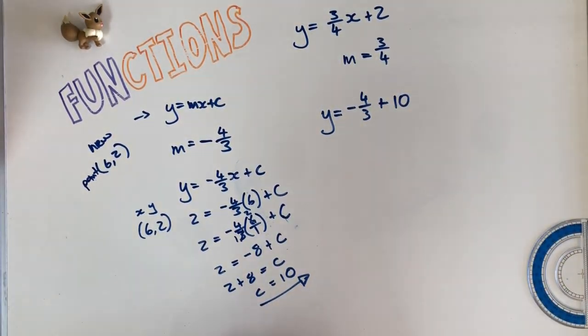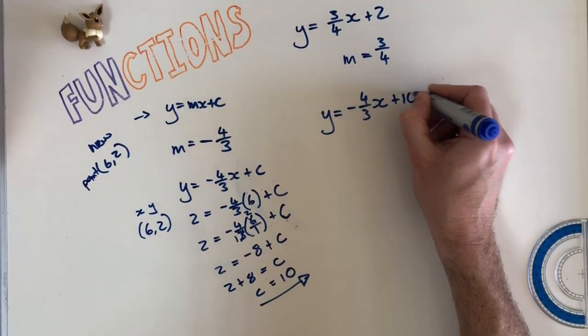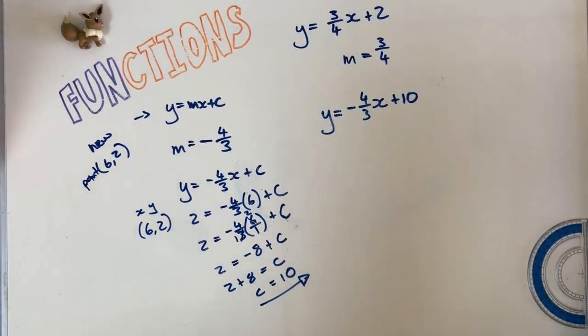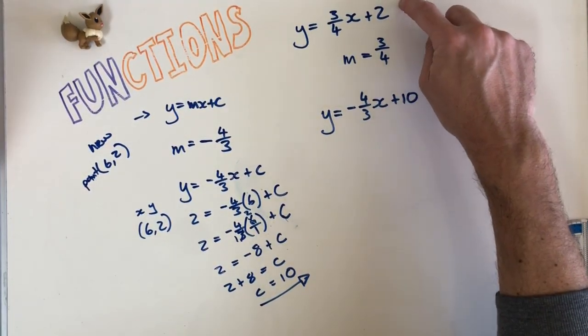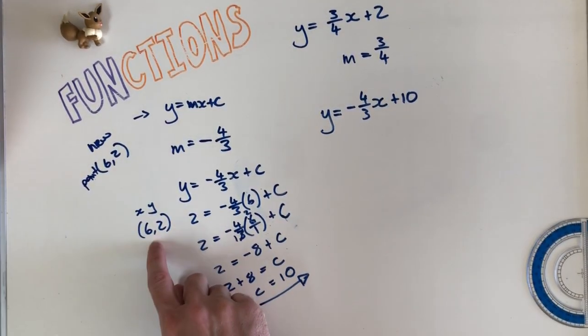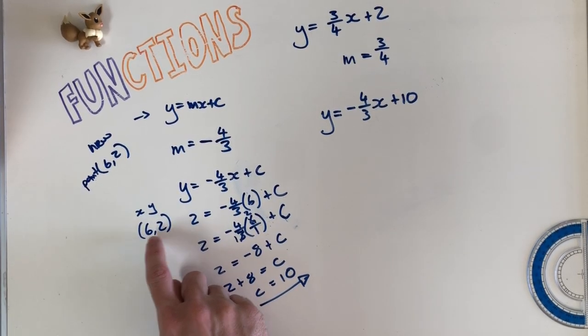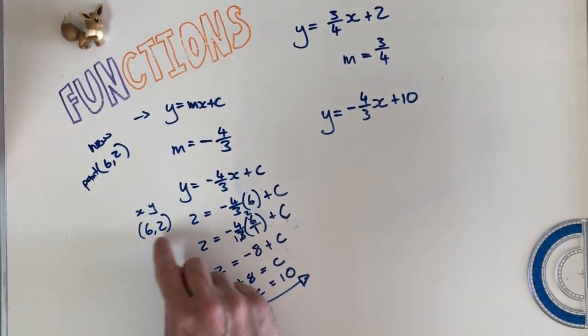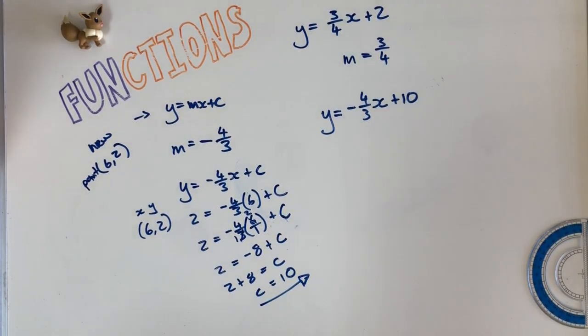Oh, I keep forgetting the x. Sorry guys. -4/3 x plus 10. There we go. So this line would be perpendicular to that line, and this line would also go through this point. How do I know? Because I substituted the x and the y values in it, and then I got my c value, like I saw in the previous video.